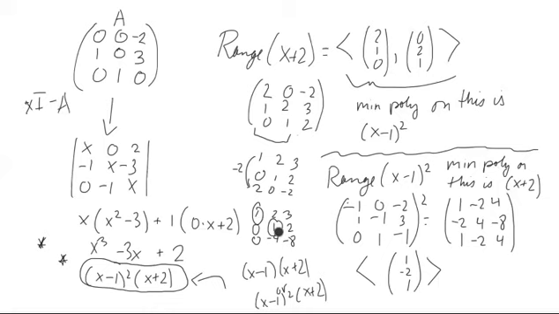We just need to identify where the pivots are. And that tells us that these two guys will span the columns, and that represents a basis for the column space, which is the range of x plus 2. So this right here, the minimal polynomial is x minus 1 quantity squared.